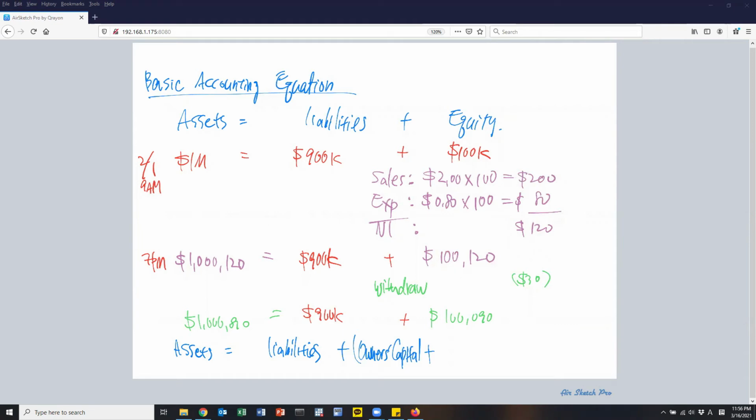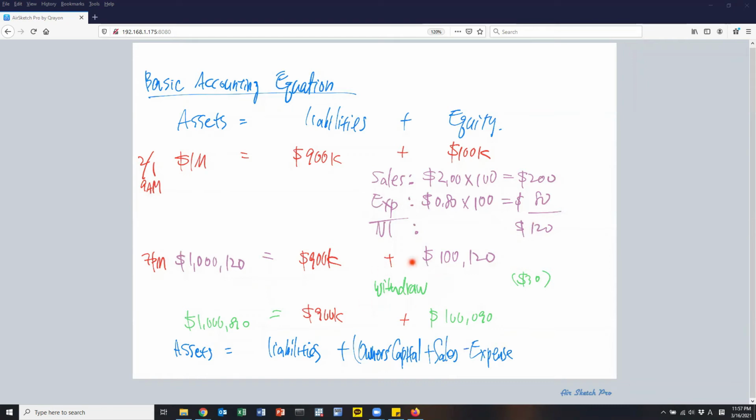What I'm saying is your equity is affected by sales, which is an increasing factor, and by expense, which is a negative factor. So you add sales and you subtract expense, right? Now, what's the final factor?